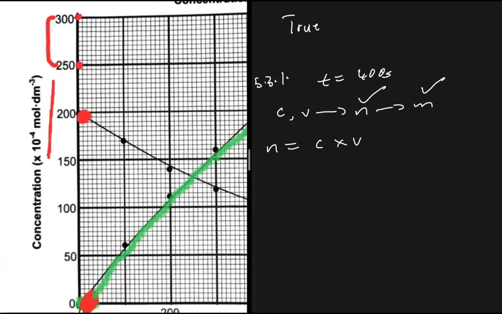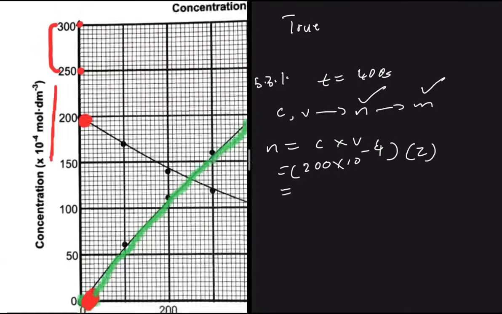I hope you didn't make that mistake, because the first time I tried solving this problem, I actually made that mistake and took the concentration as 200 instead of 200 multiplied by 10 to the minus 4. So if we use 200 multiplied by 10 to the minus 4, the volume is given to us as 2 decimeter cube, right?